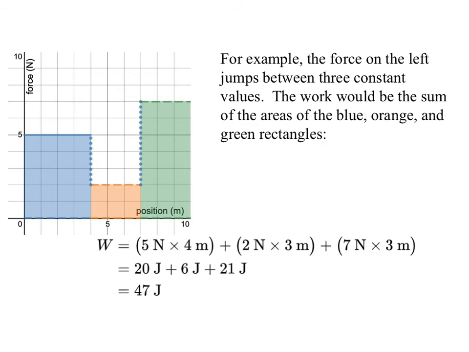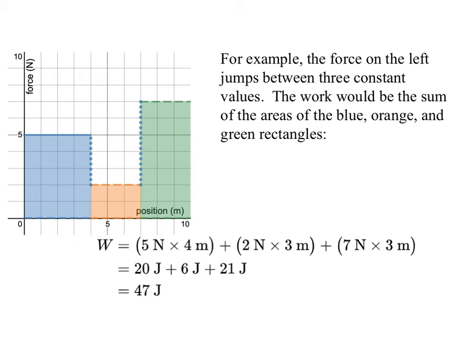For example, the force on the left jumps between three constant values. It starts at 5 newtons, it drops to 2 newtons for a little bit, and then it jumps back up to 7 newtons. The work done from 0 to 10 meters would just be the area of the blue rectangle, the orange rectangle, and the green rectangle.